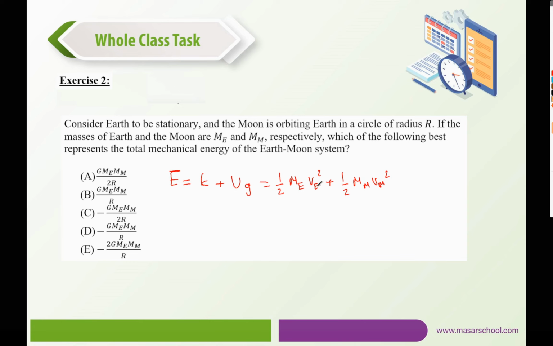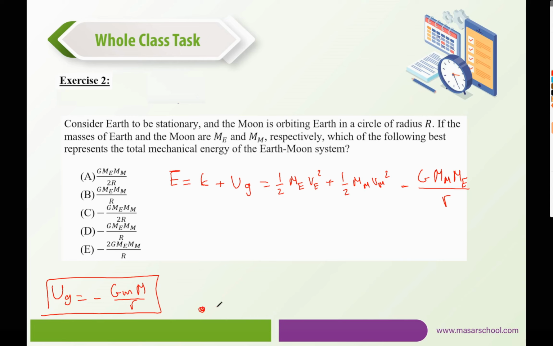Although here we have two kinetic energies, the gravitational potential energy would be one term, coupling me and mm, given by minus G me mm over r. Remember that for planetary motion, the gravitational potential energy is given by UG equals minus G m M over r.